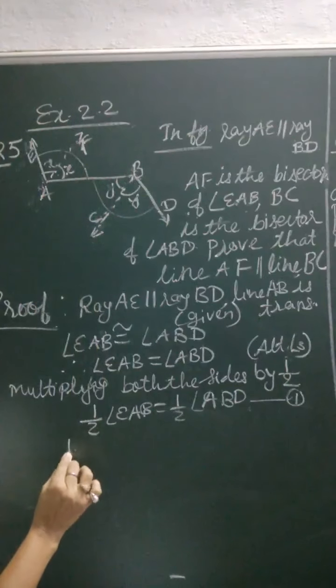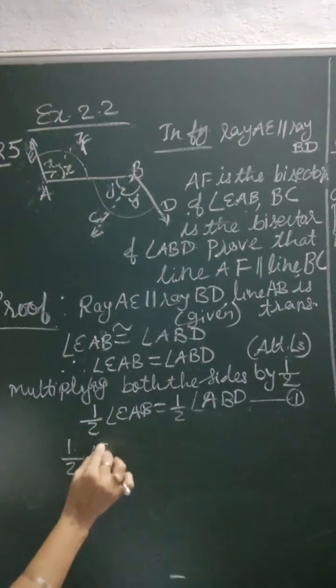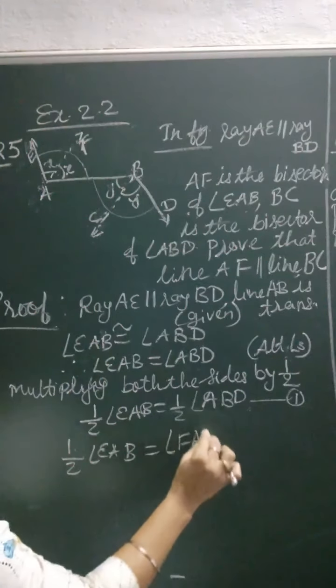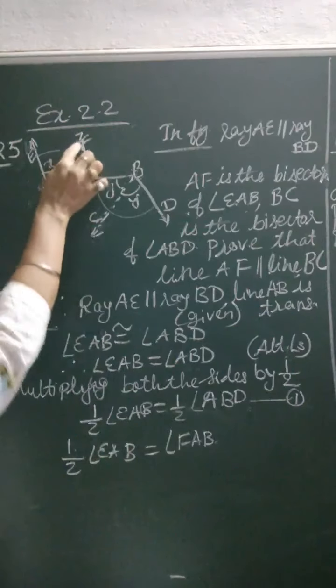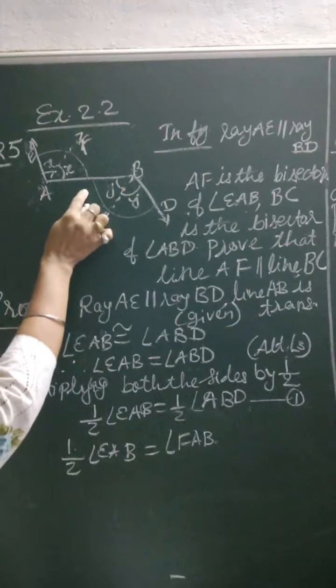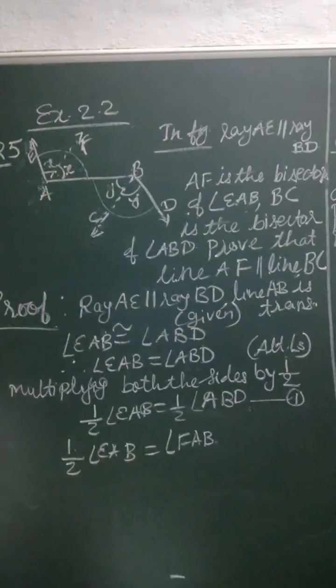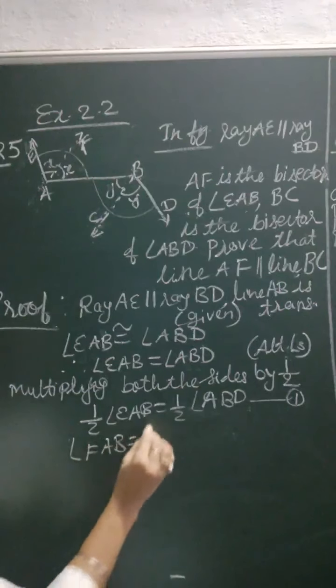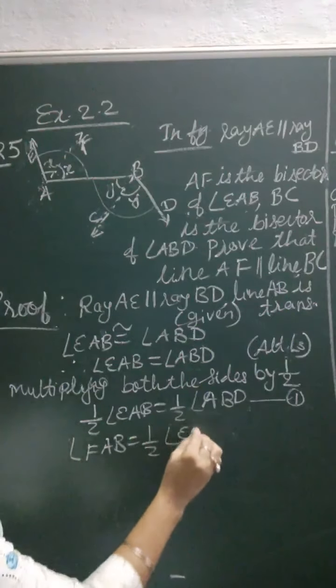See, half of angle EAB is what? Angle FAB. See in the figure, this FAB is half of angle EAB. Or you can write in this way also, that angle FAB is half of angle EAB.